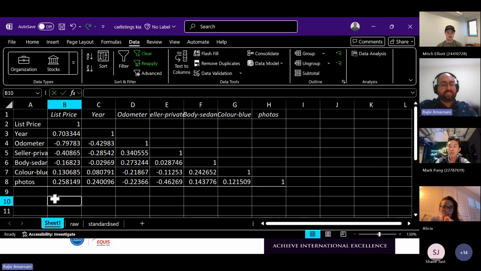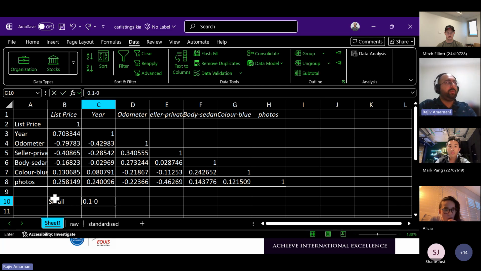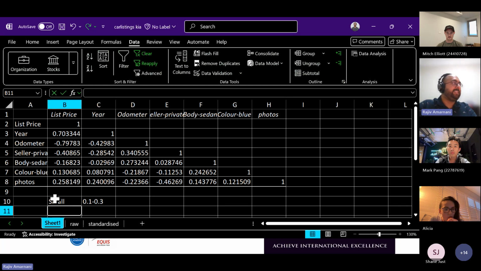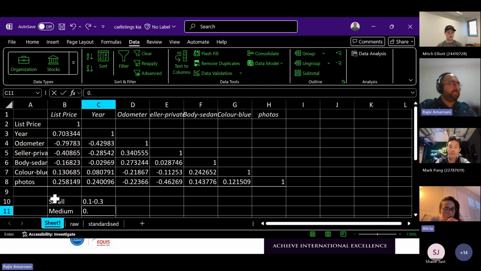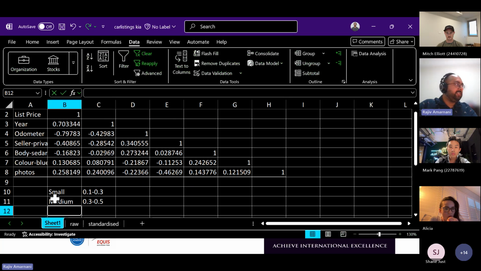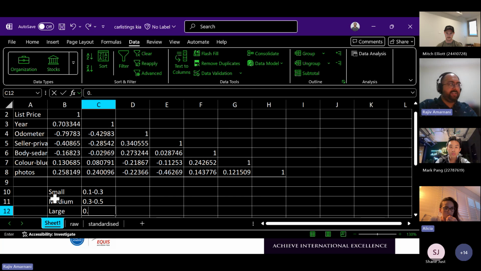So recall, class, that a small correlation, generally speaking, this is like a rough benchmark, 0.1 to 0.3, medium, 0.3 to 0.5, large, is 0.5 and up.